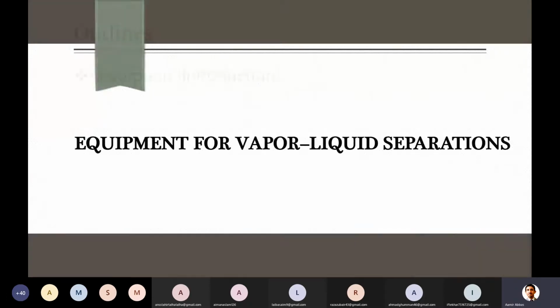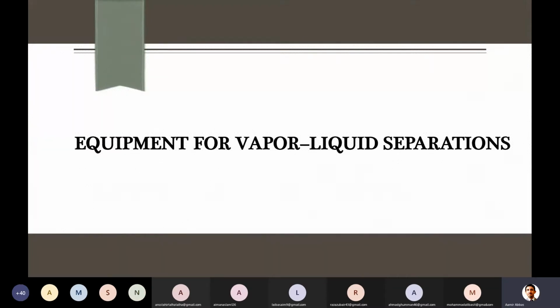Before this, if I just quickly recap, in the last lecture we discussed the basic terminologies related to absorption: what is absorption, what is stripping, and how this operation takes place. Absorption is of two types, physical and chemical, and which one is preferred and better. In chemical absorption we saw two further classifications, reversible reactions and irreversible reactions, and which one is better to go for.